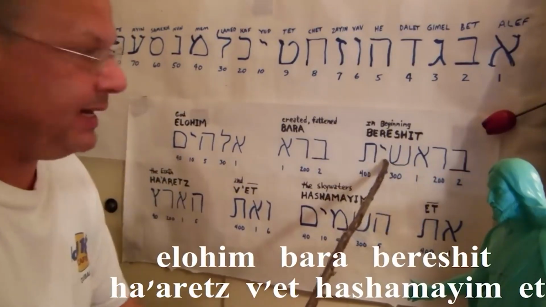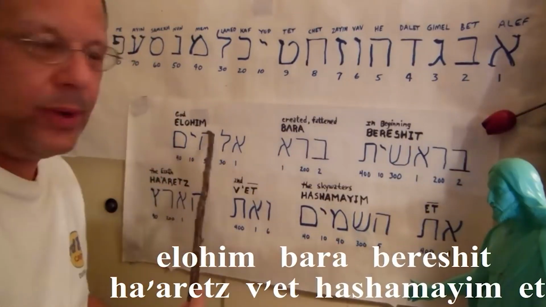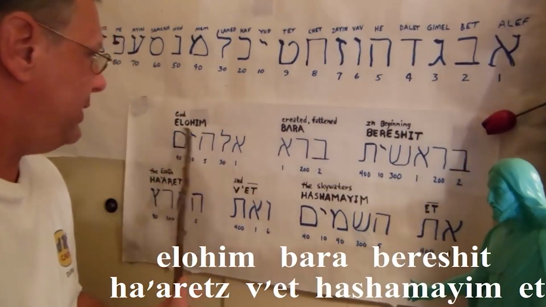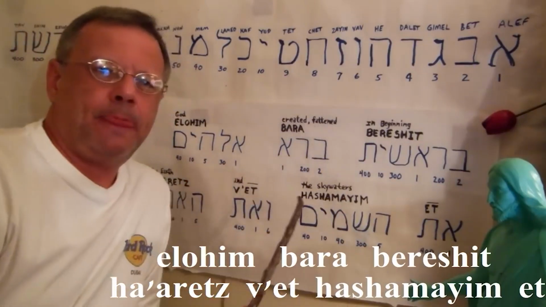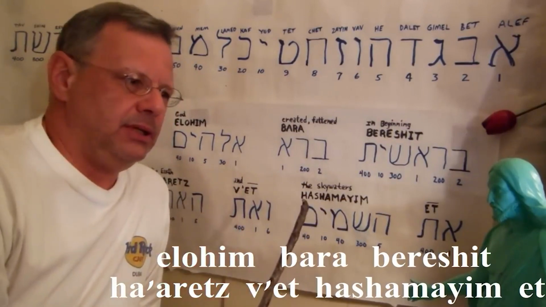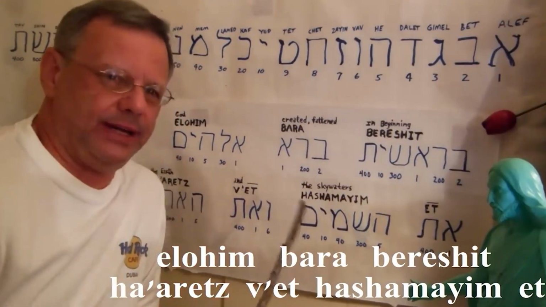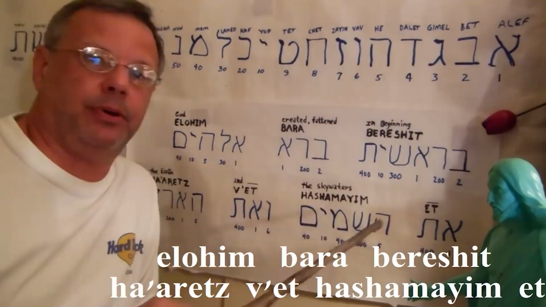Bereshit is in beginning. Bara means created or fattened. Elohim, God, El. Anytime you hear El, God, you'll hear it in people's names like Daniel, my judge is God, or Nathaniel, a gift of God. Or sometimes it begins with El, Eliezer, God is my helper.